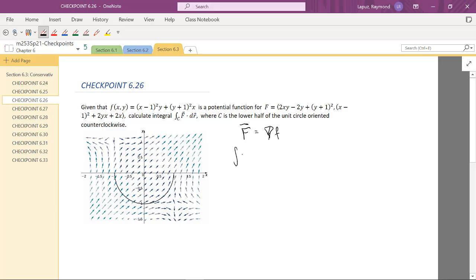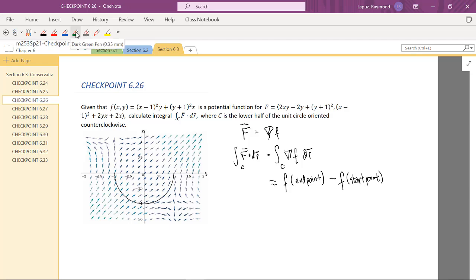And if we are going to integrate the line integral over a curve C of this vector field, which is a gradient field, according to the fundamental theorem of line integrals, this will simply equal the original function, the potential function, evaluated at the endpoint of your curve C minus that function evaluated at the start point of C. So we don't need to parameterize and use the definition of the line integral formula. We simply need to use this theorem.